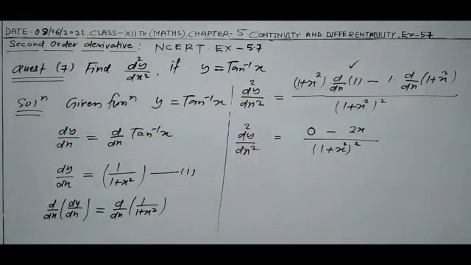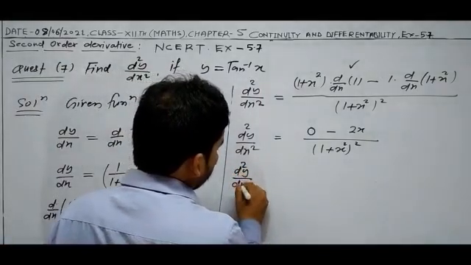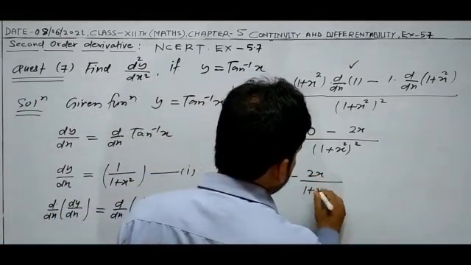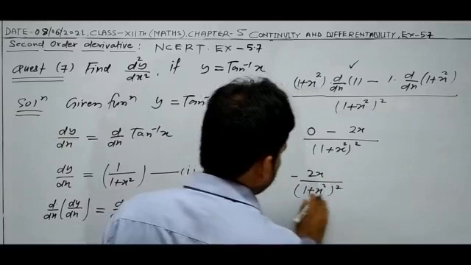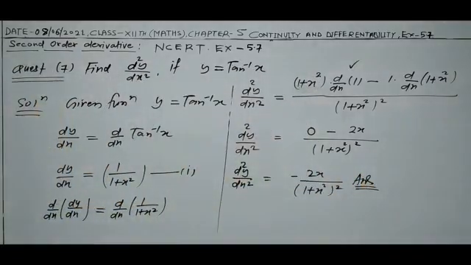So the answer is d2y by dx2 equal to minus 2x upon 1 plus x square whole square. This is question number 7 of NCERT. Or this is 8, but according to me this is question number 7 in sequence. So this is the answer.